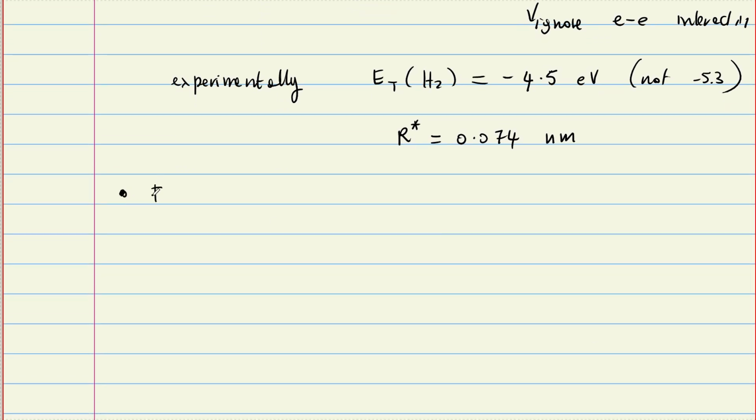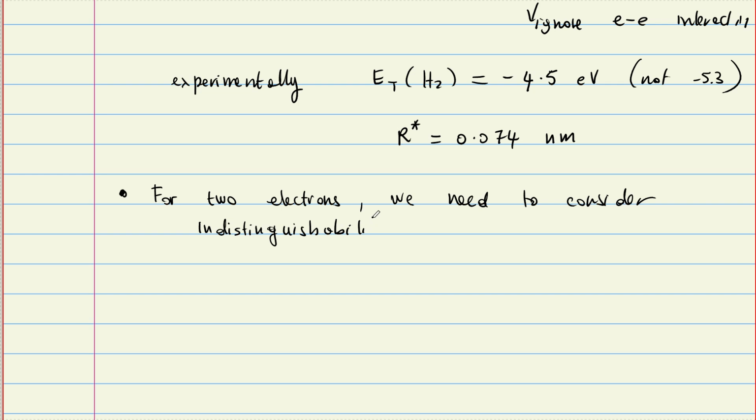Okay. So for two electrons, we need to consider indistinguishability. So the total wave function of two electrons has to be symmetric or anti-symmetric.